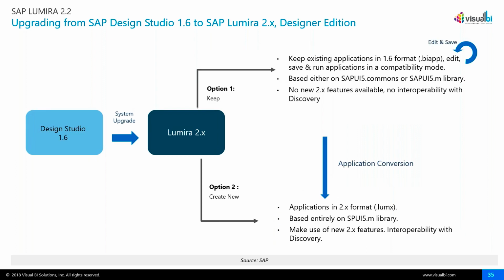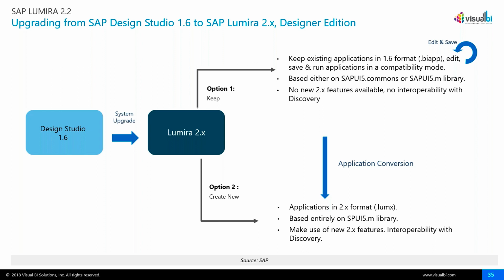There are a few more options for customers on Design Studio 1.6. If you are looking at upgrading to 2.0 or above, you have two options with your existing applications. As long as they're on 1.6, you could still keep the applications in their exact format, with their exact functionality. You don't have to change anything inside the application, but you could use something known as legacy mode.